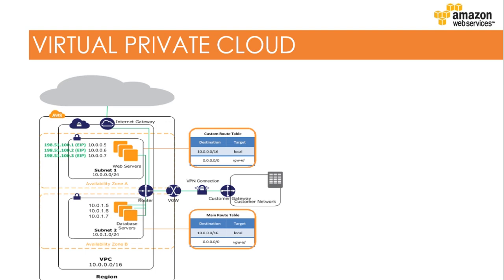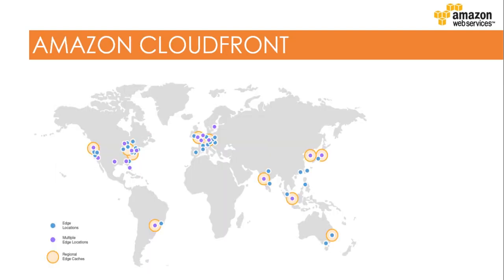It's connecting with a main route table with a local route and a virtual gateway, whereas the first one is connected to the internet gateway. That means subnet 1 is publicly accessible and the second one is not. However, it's also connecting with your data center. We will see all those things in more detail in our upcoming sessions.